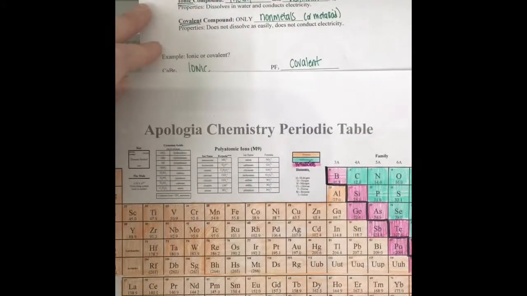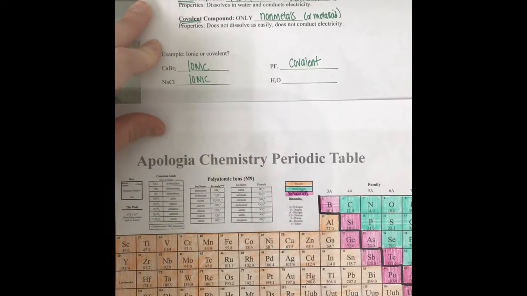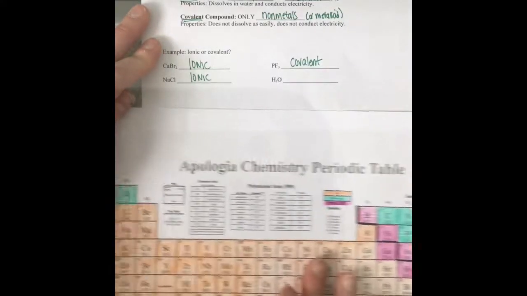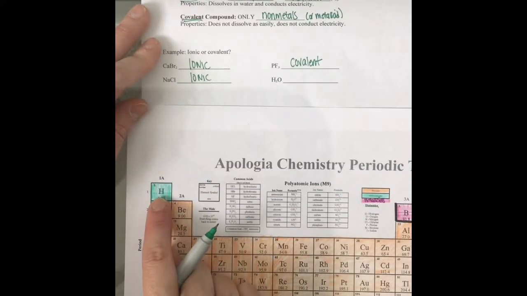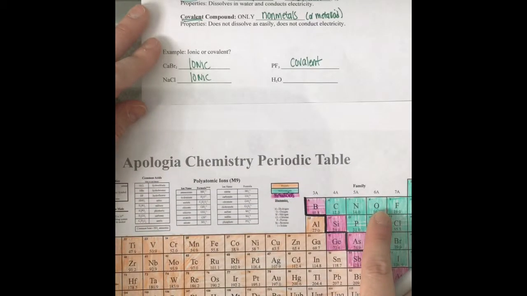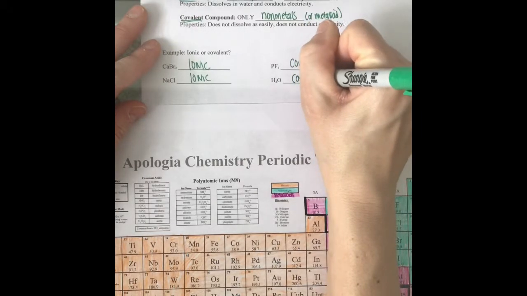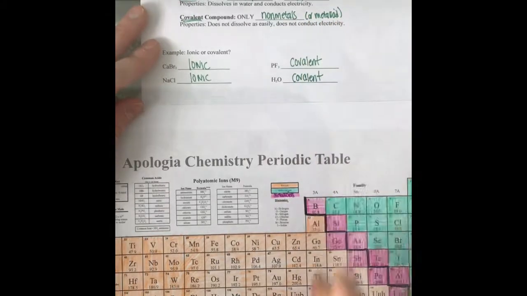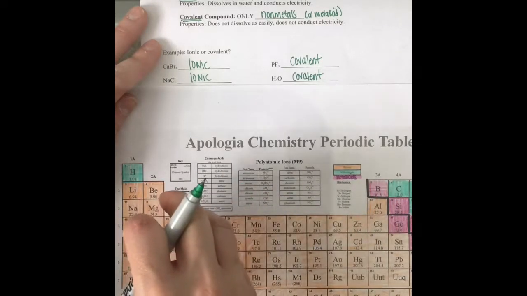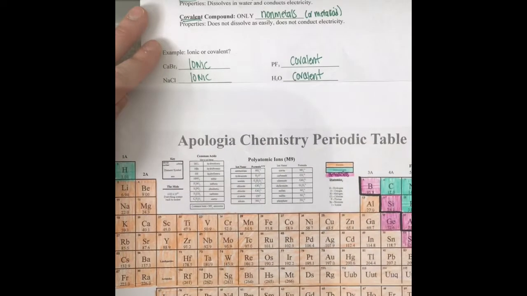Ionic. And then for the last example, I threw this one in there because I want you to remember about our exception with hydrogen. Hydrogen and oxygen are both non-metals, so this would be covalent. Okay, so hopefully that helps you see how you determine what type of compound depending on how your elements are classified.